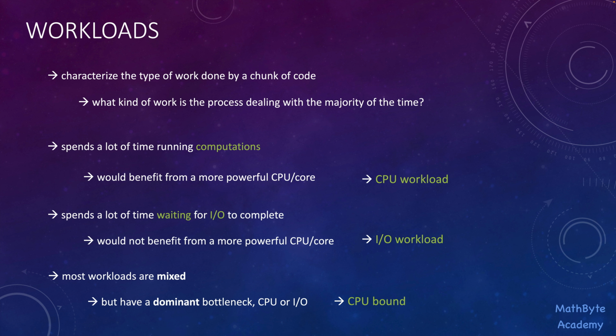If what's really slowing a certain part of our code down is the CPU, then we say that code is CPU bound. On the other hand, if it's taking a long time to run because it's waiting for some I/O to complete, like a web API call or a database call, then we say that we are I/O bound. So these are the two types of workloads.